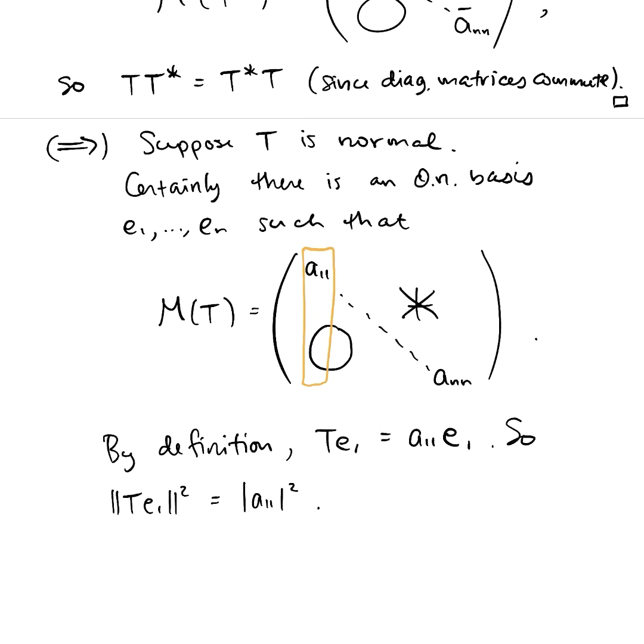So that means the square of the norm of T acting on E1 is the same as the square of the norm of T star acting on E1. Remember, our operators are normal if and only if Tv and T star v have the same norm.